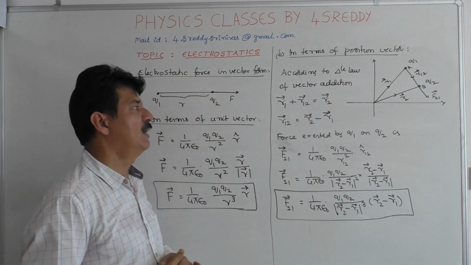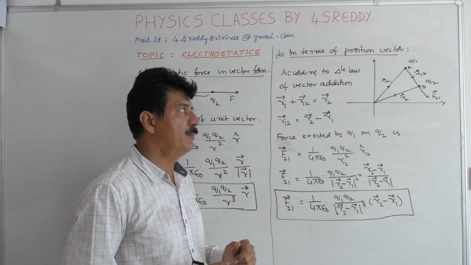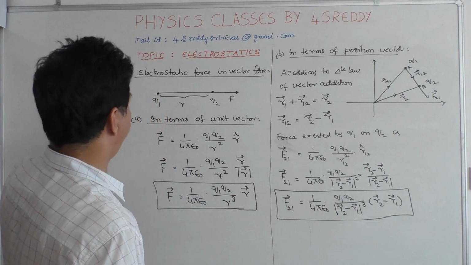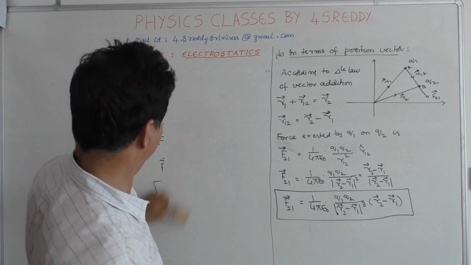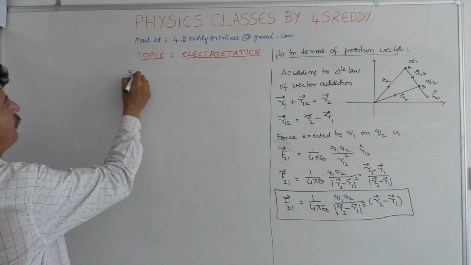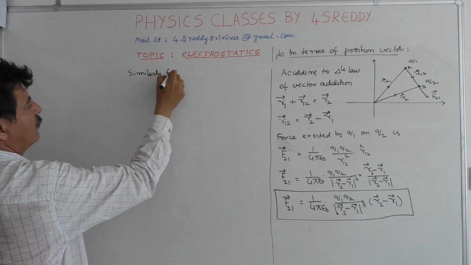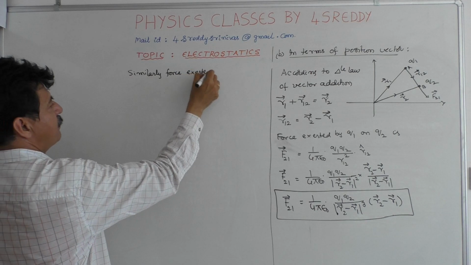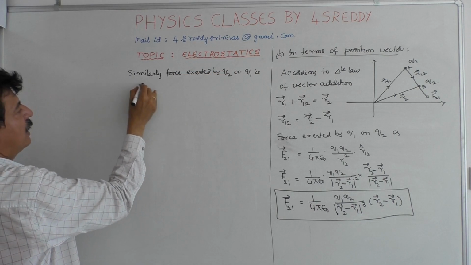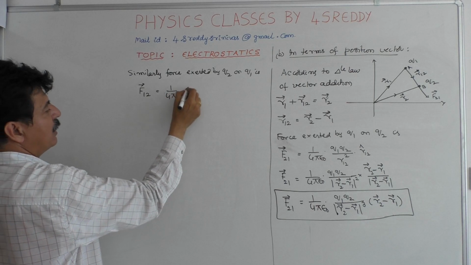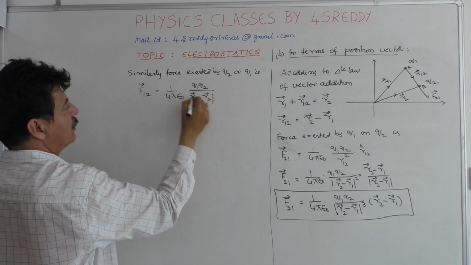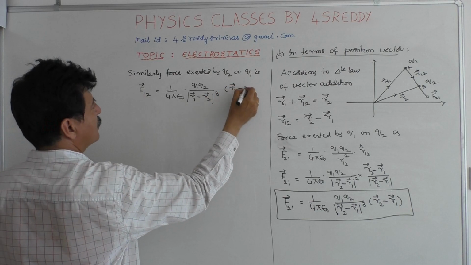Similarly, the force exerted by Q2 on Q1, F12 bar, can be written as 1 by 4 pi epsilon naught Q1 Q2 by modulus of R1 bar minus R2 bar whole cube into R1 bar minus R2 bar.